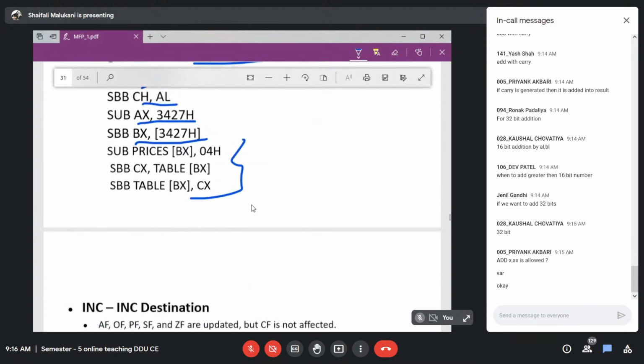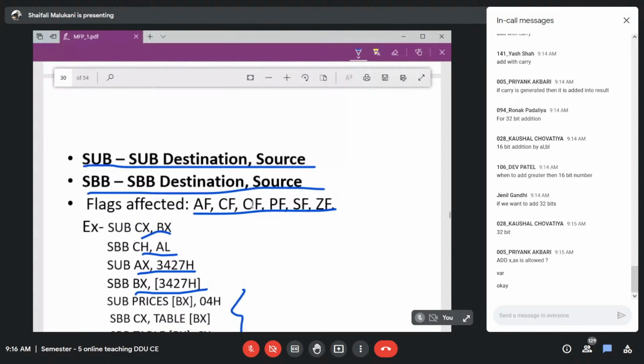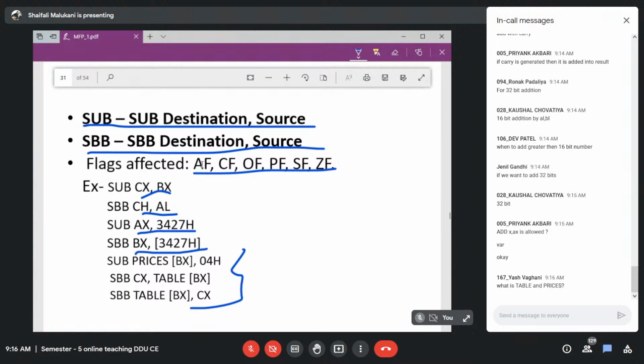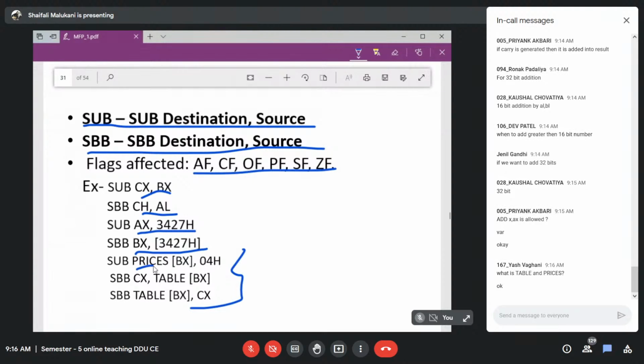Okay, I'm going quickly through this because these are very basic instructions. Already you have utilized them a lot in 8085. Do you need any discussion over this? If you need, see, they are variables. As you say, X and N1. So they have taken prices and table.